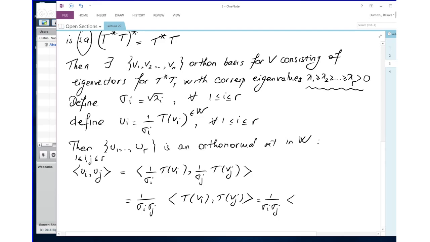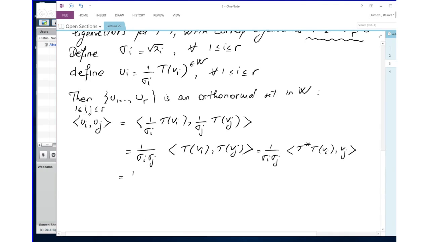But everything came from T star T, so let me bring in T star T. Move the T from the second component into the first, so T star T of vi, vj. All right. The vectors vi were eigenvectors for T star T. So T star T of vi is lambda i vi. Inner product with vj. And then pull out lambda i.